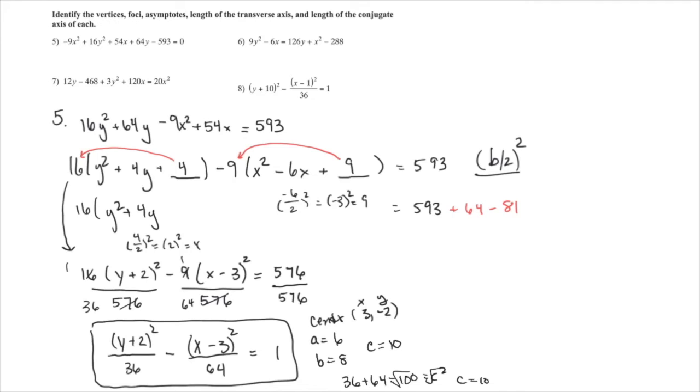Now, when it comes to identifying the foci, the asymptotes, the length of the transverse axis, and the conjugate axis, when it comes to finding these, there's a couple things that are really easy. Foci and the asymptotes.